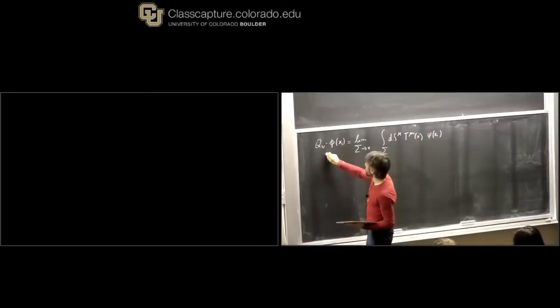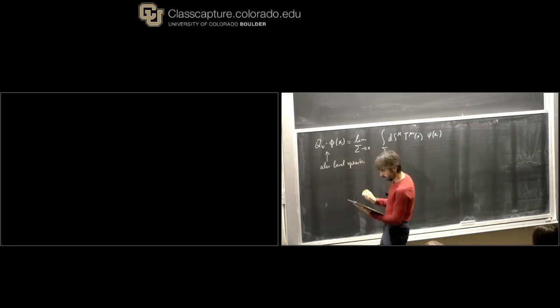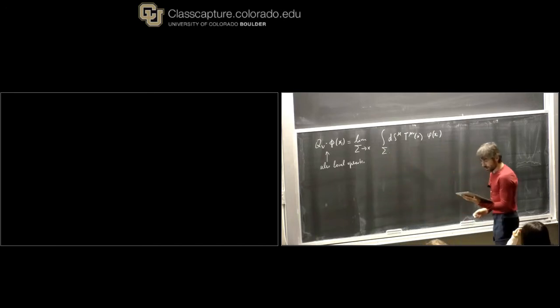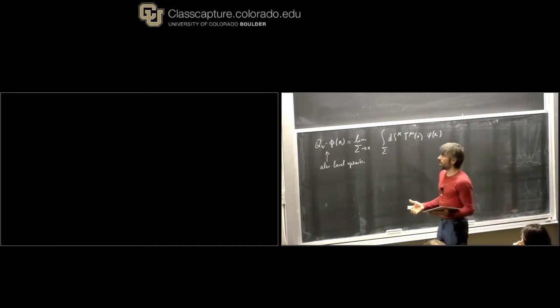It tells me that this object, so I had an object phi in my theory, I defined a new object which I called q nu times phi, and since I can shrink this surface sigma as small as I wish, it's also going to be a local operator. That's as much as I know so far.